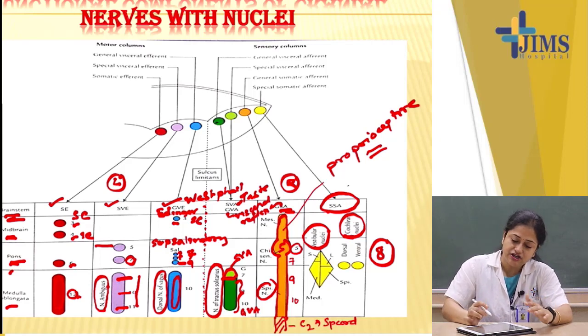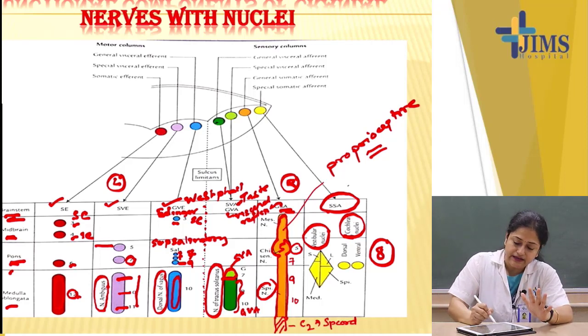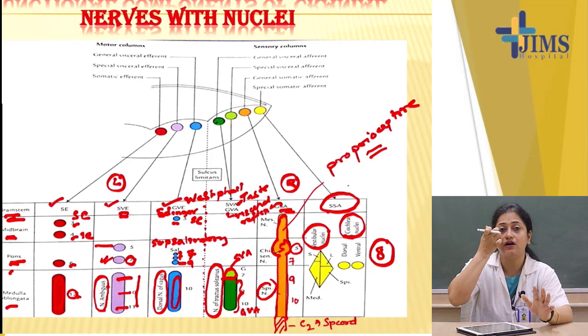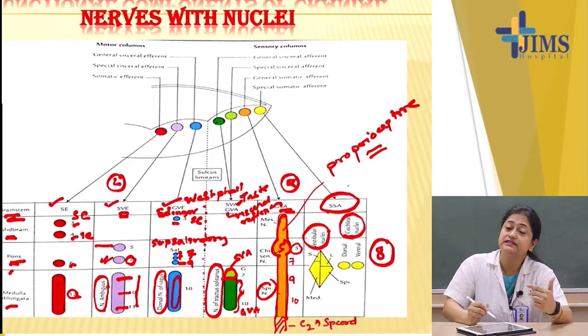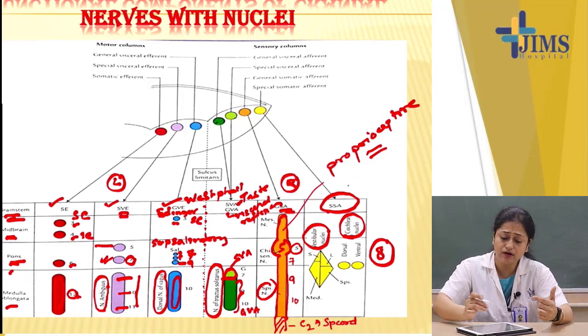So you can see that the facial nerve has one motor component here. That is the SVE, because we said it was the nerve of the second arch. And where is the deep origin? It is situated in the lower part of pons, as you can see from this picture. The second motor component of the facial nerve is the GVE. Which is located where?